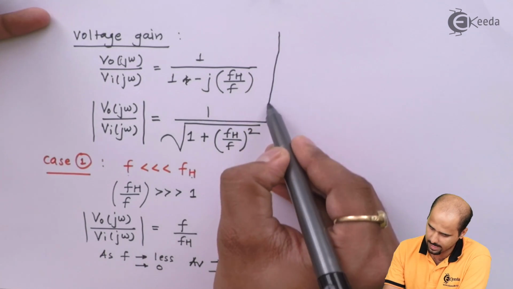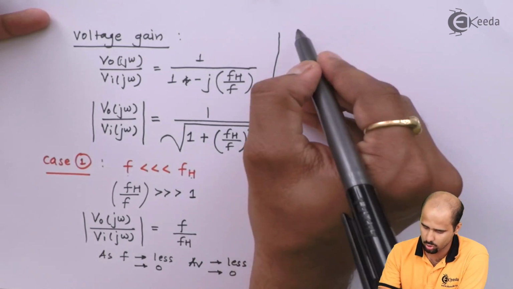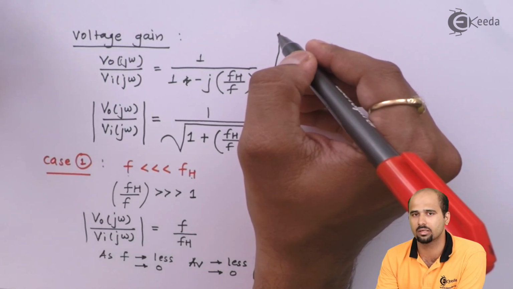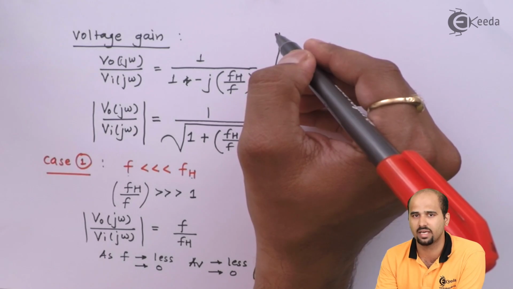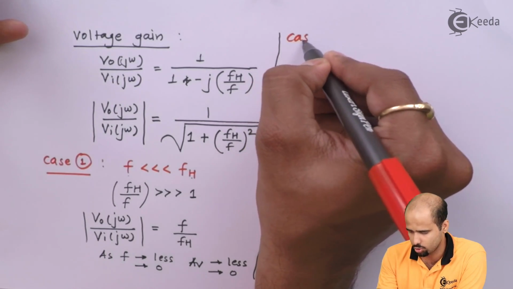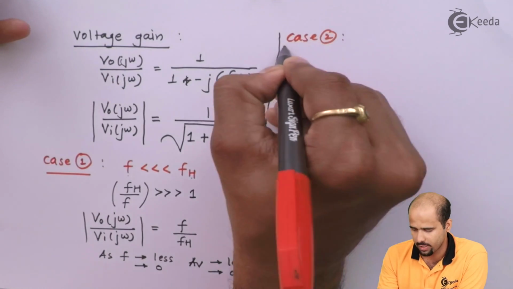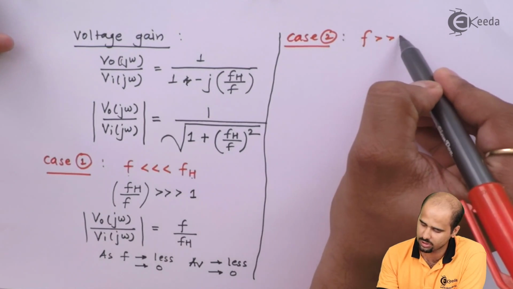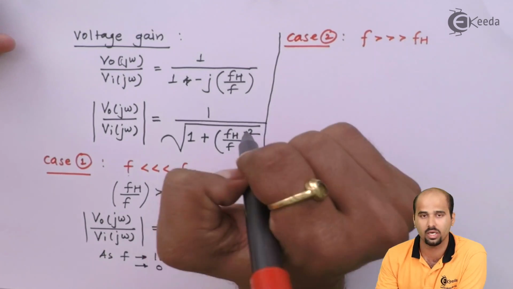Next, we'll understand case number 2. There we will say that f is much greater than the value of fH. So in case number 2, we have to consider that the value of f is much greater than the value of fH.